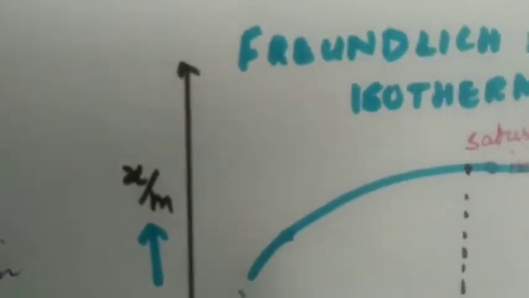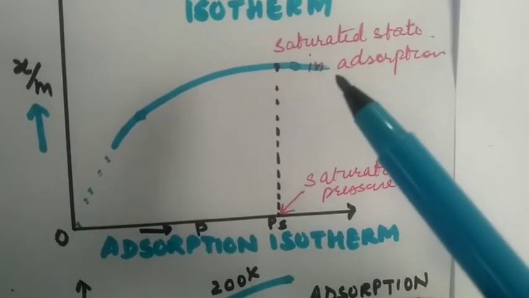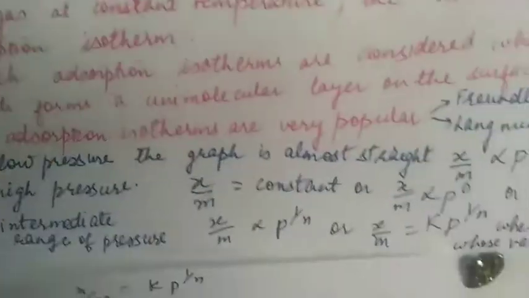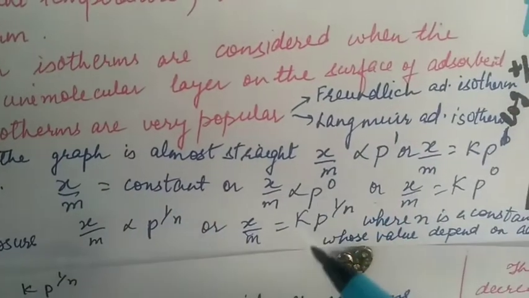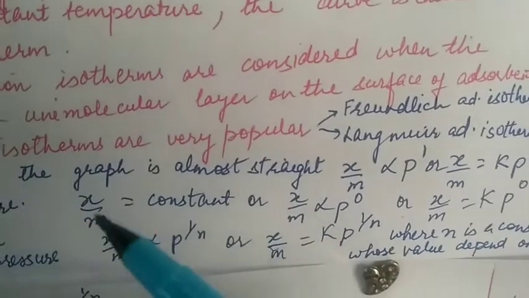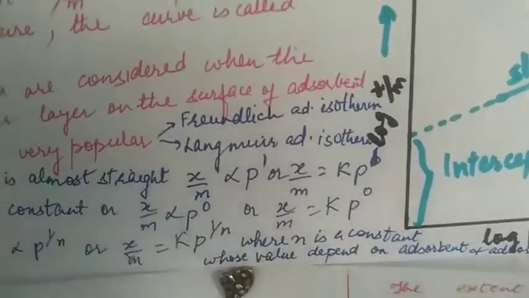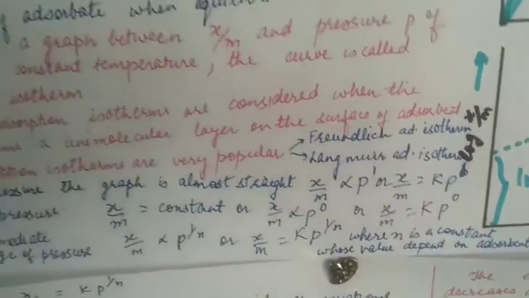At very high pressures, the extent of adsorption is not changing. That means that x by m is proportional to p raised to power 0, or it is independent of pressure, or x by m is constant, or x by m is equal to k into p raised to power 0.